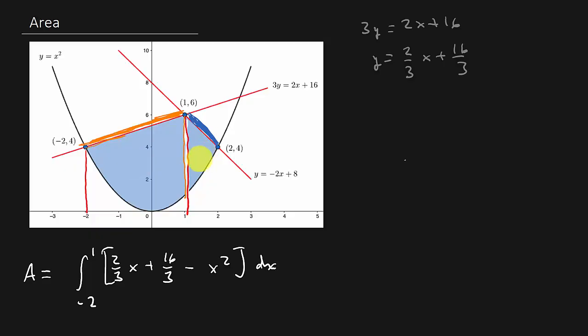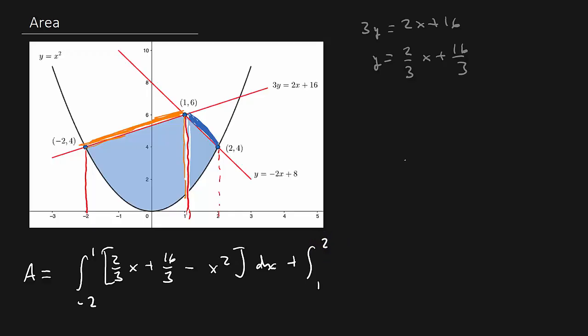Now for this little area here on the right side of this line right here, we're going from what? x equal 1 to this point here, x equal 2. So we've got plus the integral from 1 to 2.